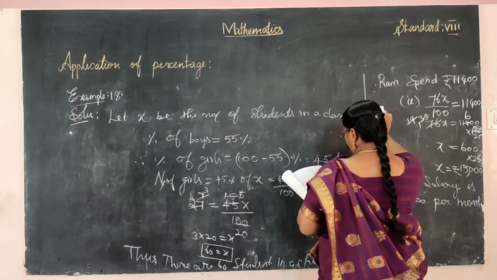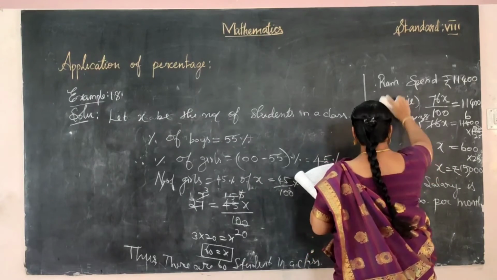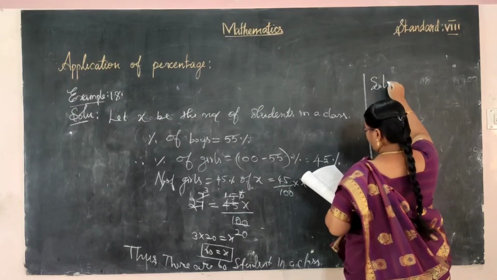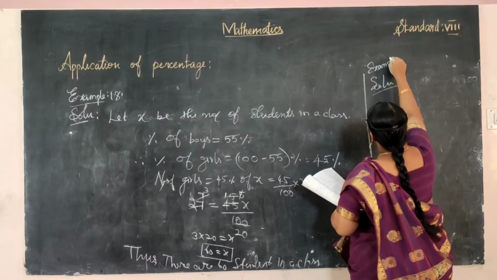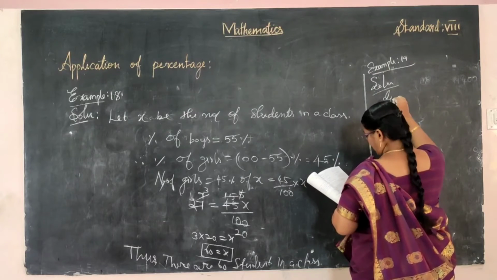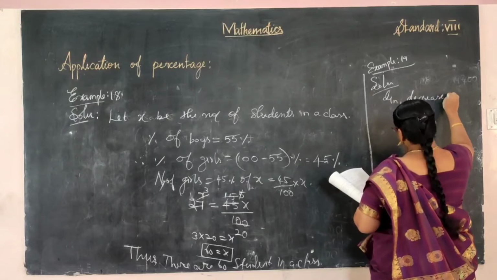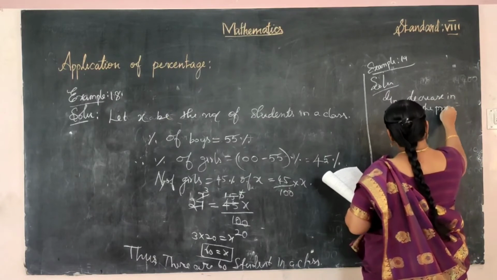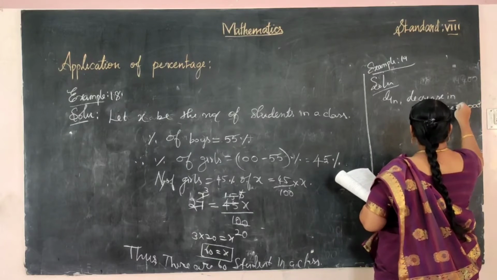Initial, if it was launched at the price of 12,500. Example 19. The given decrease in the price is 2000 rupees decreased.